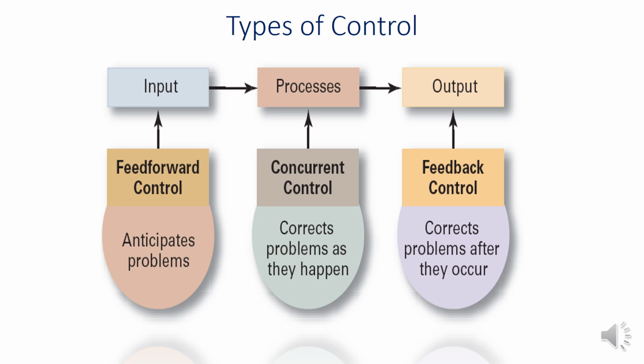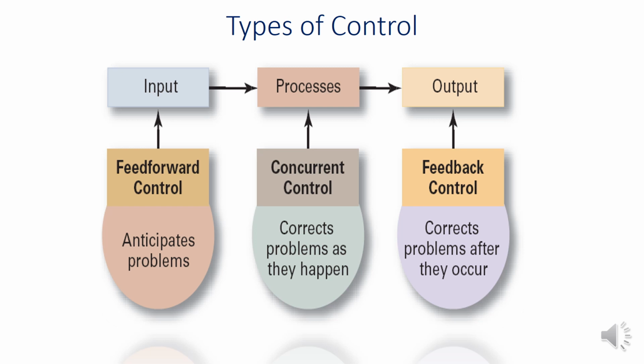The next control is concurrent control. Once the process is going on, you will have some issues, and you have to solve them. This is done during the process. The third control is called feedback control. After getting an output, you compare your output with the expected value or your standards.